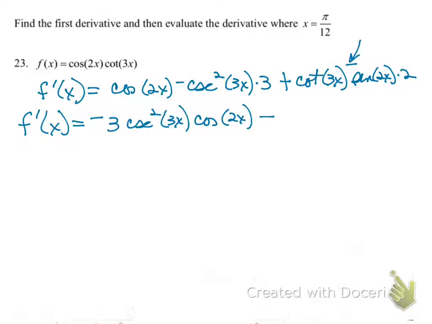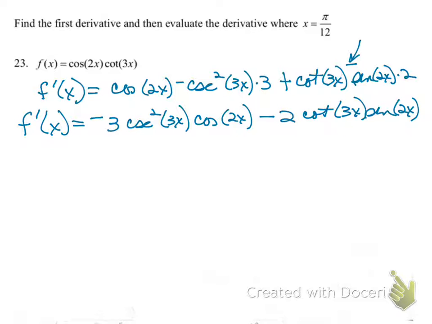And then we have a 2 in front and cotan 3x sine 2x. Okay, so let's just look at that. Make sure all of that looks good.